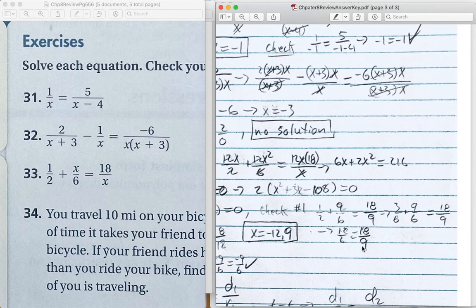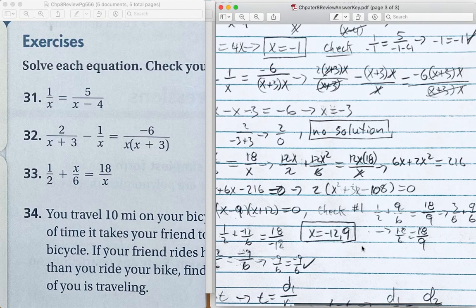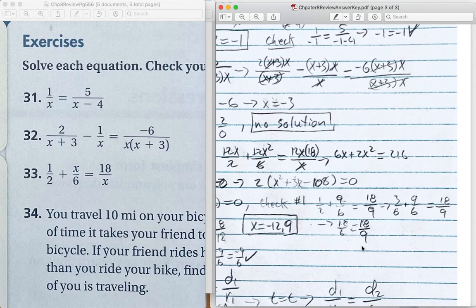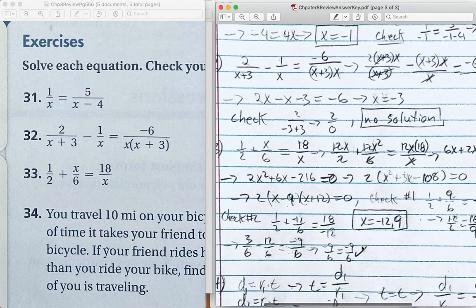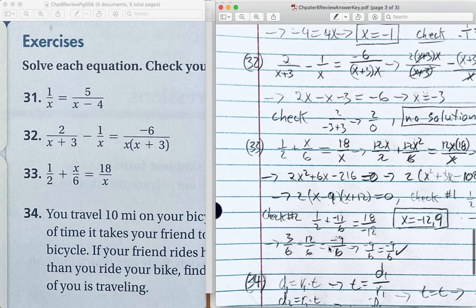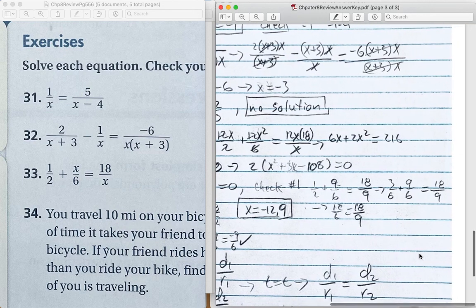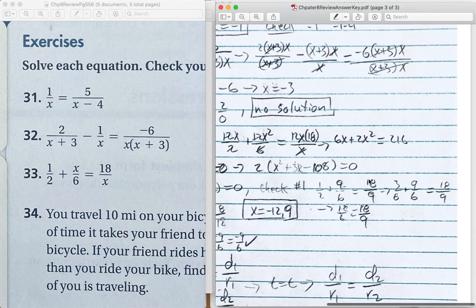I plug in 9 for x, and it works, and I plug in negative 12 for x, and it seems to work. See, now it works. Yeah, so it works.